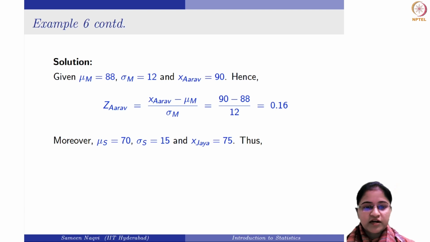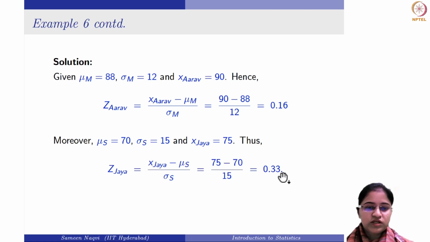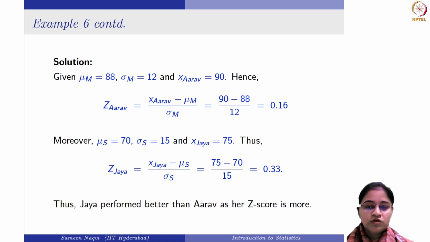Whereas if you look at Jaya's performance, she has got 75, and if you calculate the z-score, it comes out as 0.33. So what you can see here is that Jaya has in fact performed better because her z-score is more.